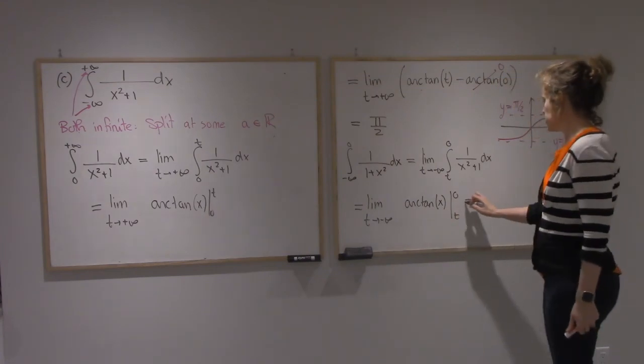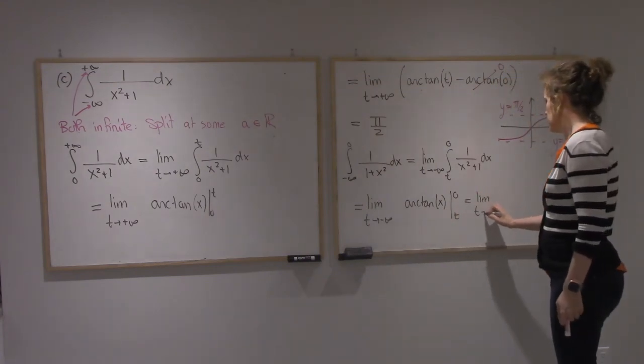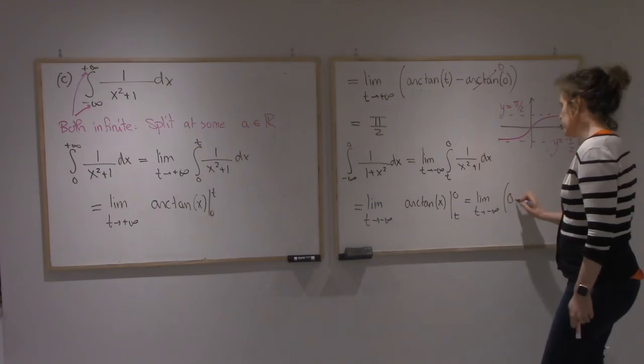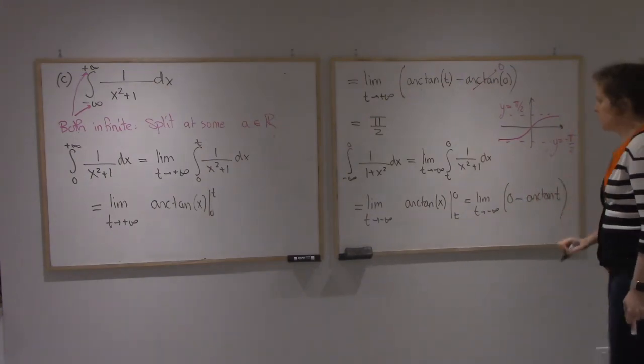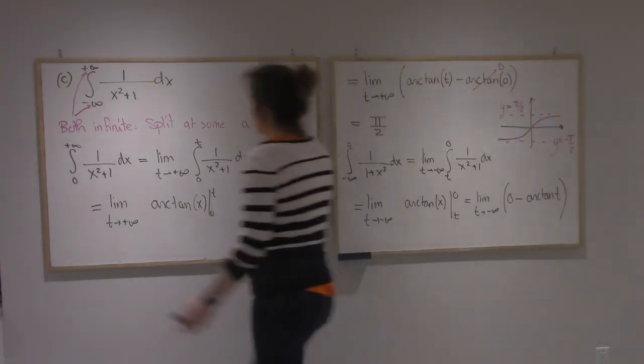This is the point where it starts being different. I'm going to get 0 first, minus arctan of t, and then this limit.